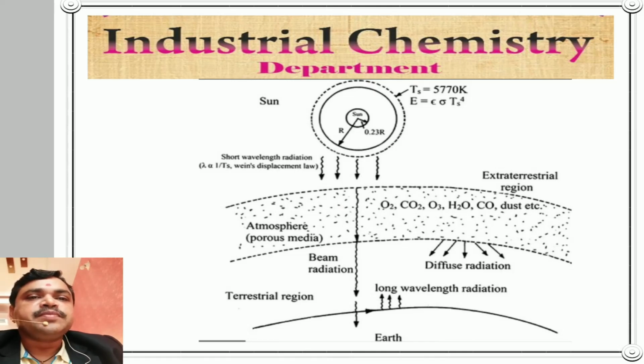It passes through our atmosphere. The atmosphere is a porous medium, and some gases, as we said above, oxygen, carbon dioxide, ozone, water, carbon monoxide, dust, etc. are present in this atmosphere.